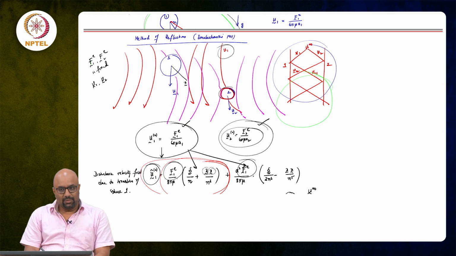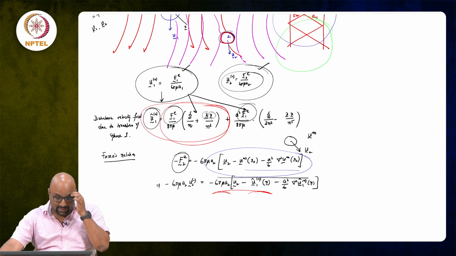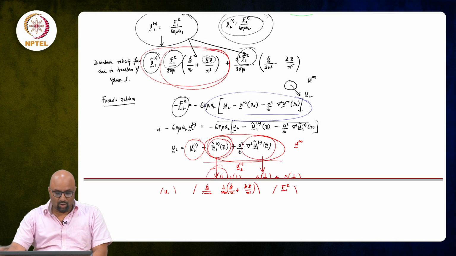Sphere 2 is now present in a flow field that is generated by sphere 1, and so we said the motion of sphere 2 cannot be its own terminal velocity, but rather it would be due to the ambient velocity that is due to sphere 1's disturbance field or sphere 1's velocity field.